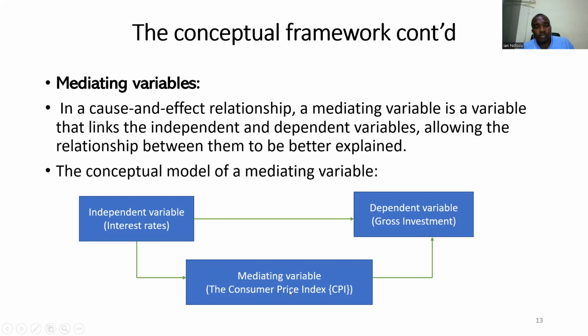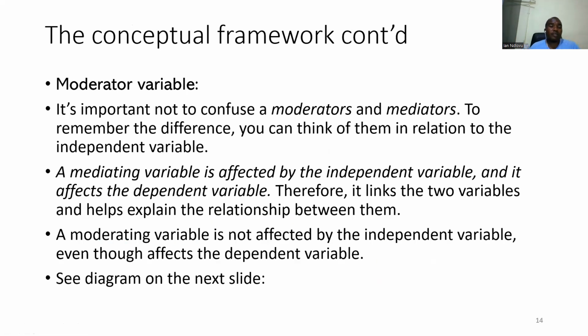So on slide number 13, the mediating variable, which we assume is the consumer price index, is now included such that our interest rates are affecting the dependent variable gross investment via the consumer price index.